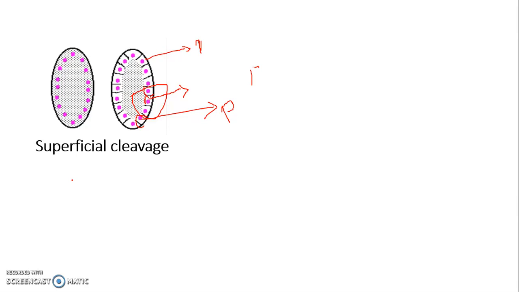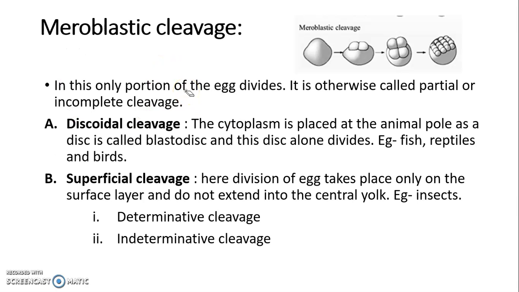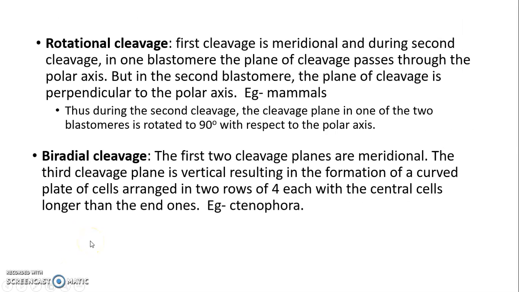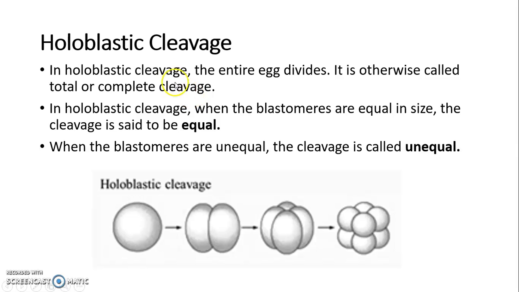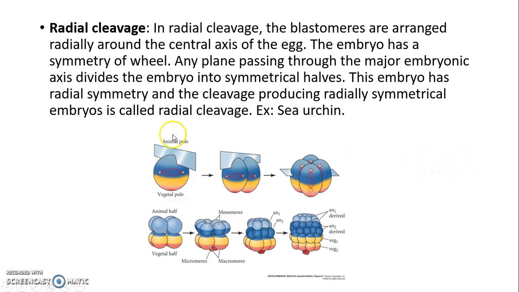Okay, this is about the patterns of cleavage. Patterns of cleavage: holoblastic cleavage and meroblastic cleavage. Holoblastic means the whole egg will divide, and it can be equal or unequal.